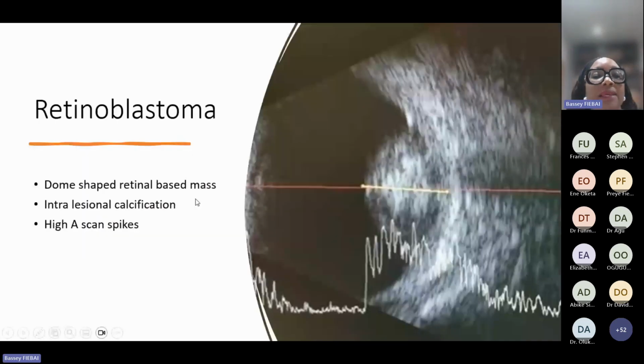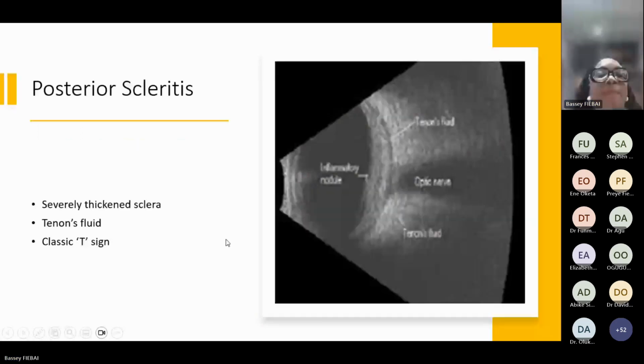Retinoblastoma is another mass-like lesion that is dome-shaped. Here you can see the intralesional calcification, so you see that the spikes are very high. Posterior scleritis also has a very striking appearance. You can see that the scleral complex is very thickened, and there is Tenon's fluid here in the Tenon space.